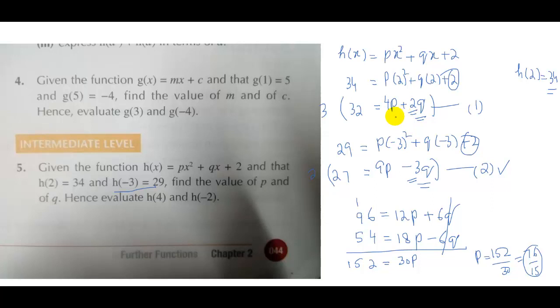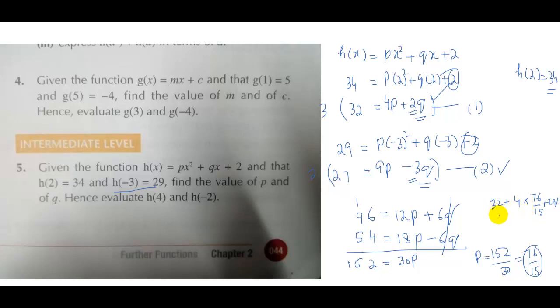Let me put in this equation. So it will be 32 equals 4 into p, which is 76 over 15, plus 2q.